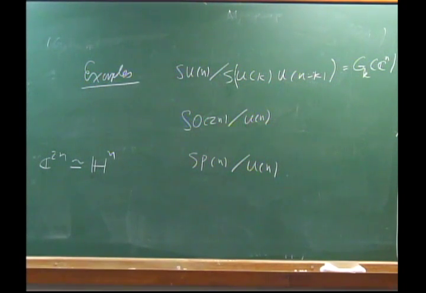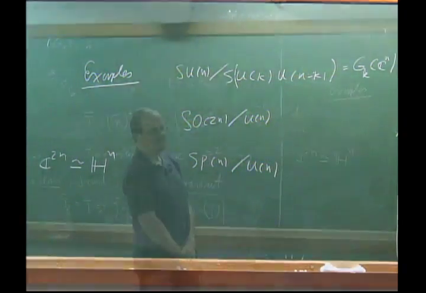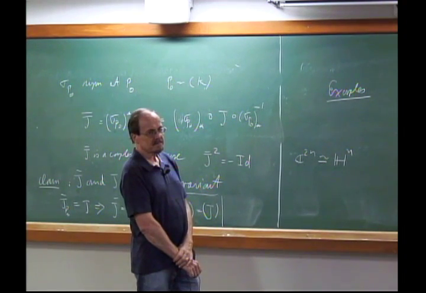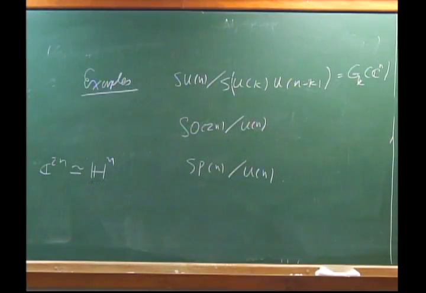Another one? A simple one. How about real Grassmannians? Any real Grassmannian where the K is not semisimple?